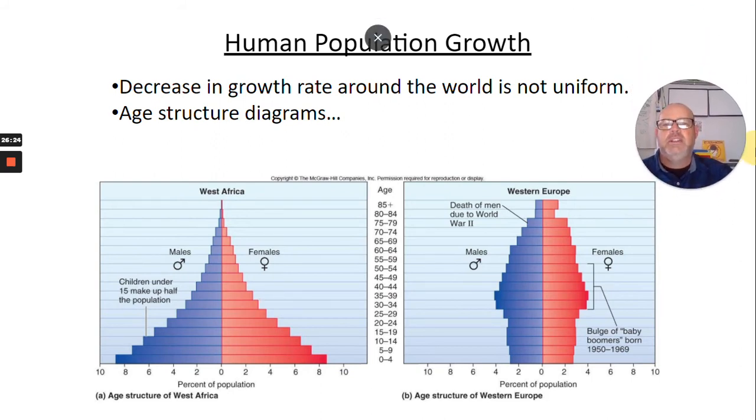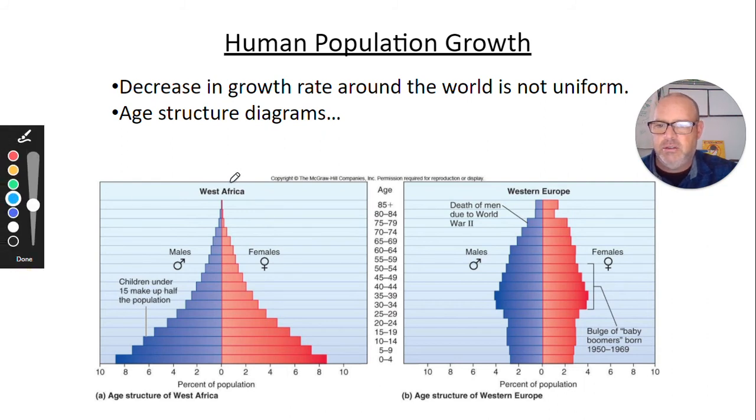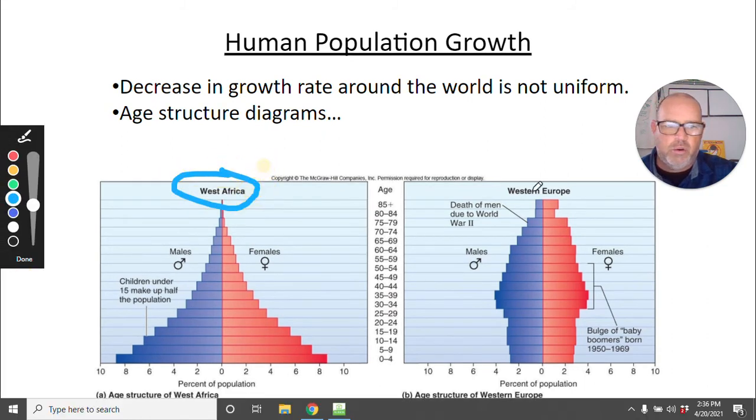Decrease in growth around the world is not uniform, so we use these things called age structure diagrams. If you look in West Africa or you look in Western Europe, these things are going to look very different. And the way you read these, percent of population, and the zero's in the middle, okay?